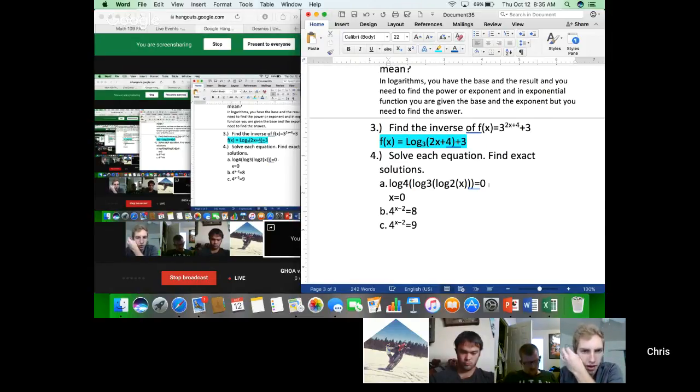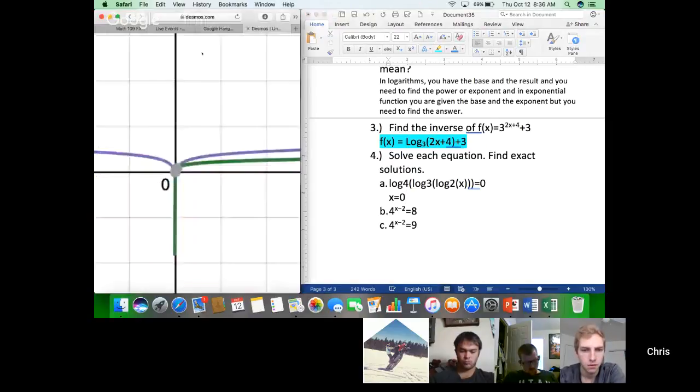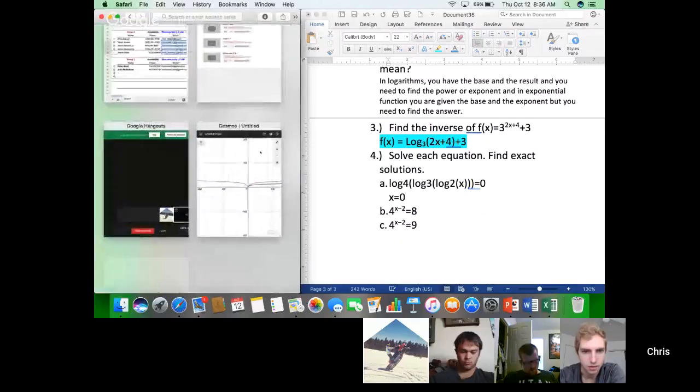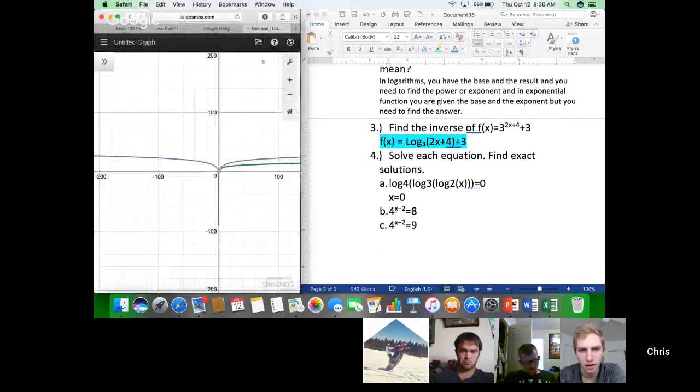Is someone trying to graph that? No, I was just trying to verify. I'll try to guess that. Well, if you were able to verify it, then I don't see why not.